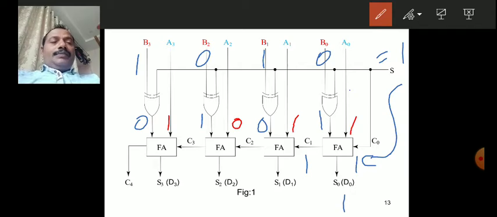Now the second full adder: 0 plus 1 plus 1 is 1 0, carry is 1, sum is 0. And the third full adder: 1 plus 0 plus 1, it is also carry 1, sum 0.